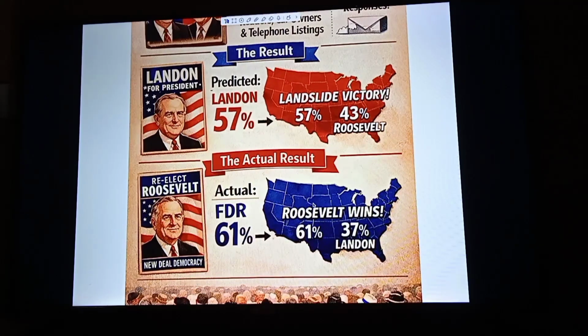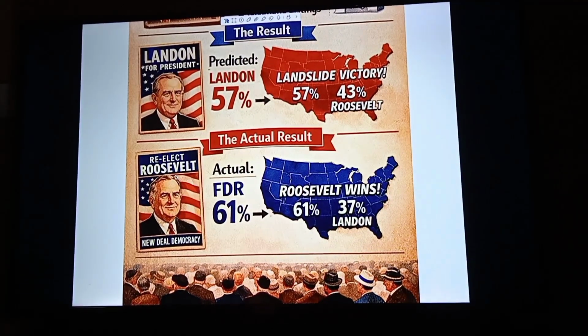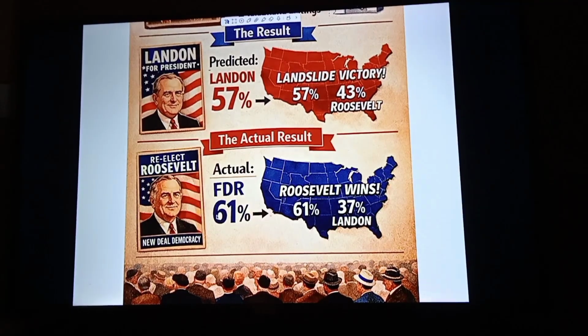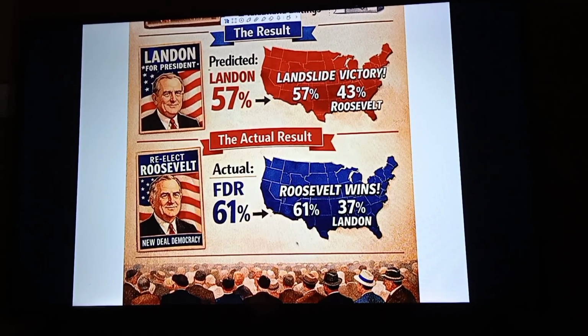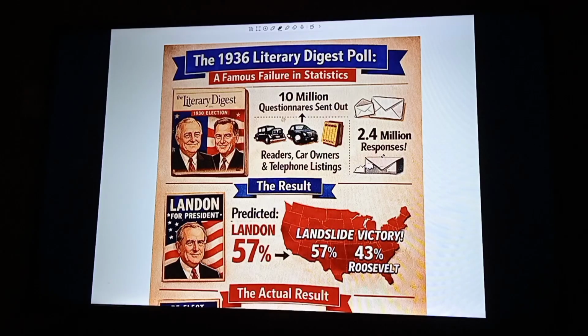But what happened when the poll was actually conducted and the result came? Roosevelt won with a 61% margin, and Landon lost the election with 37% of votes.